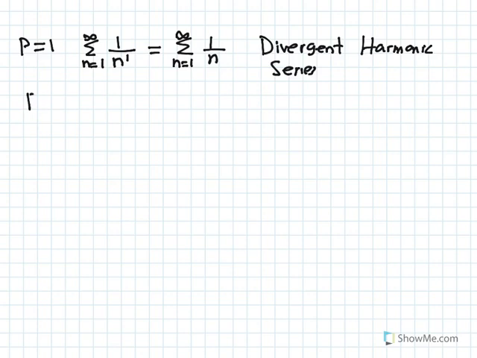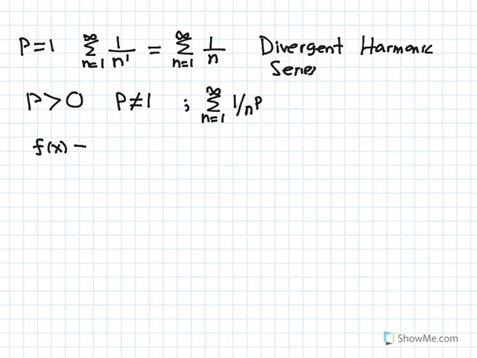Now let's consider the case p larger than 0 and p not equal to 1. So we have the summation of 1 over n to the p, n goes from 1 to infinity. And the corresponding function will be f of x equals 1 divided by x to the p, which is clearly positive valued.